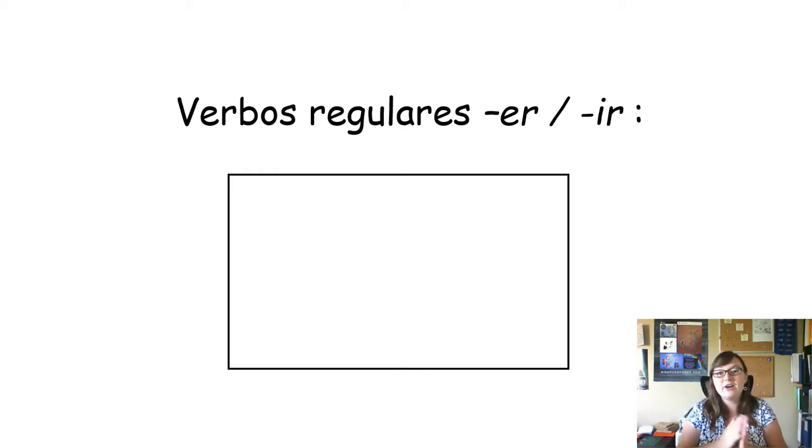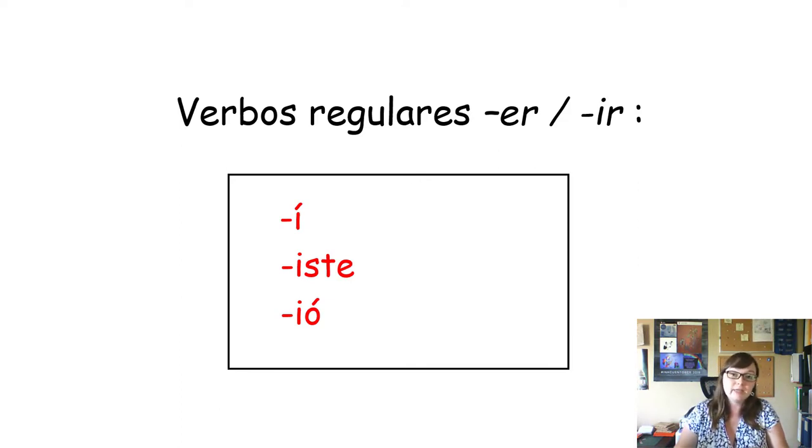All right, we're going to go on to our regular ER and IR verbs. These are the endings for the regular ER and IR verbs in preterite tense. So, yo is going to take the ending í. Tú is going to take the ending iste. He or she, él, ella, or usted, you, but formal, is going to take ió, again with an accent.